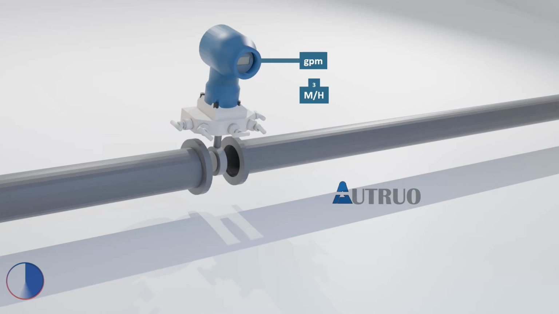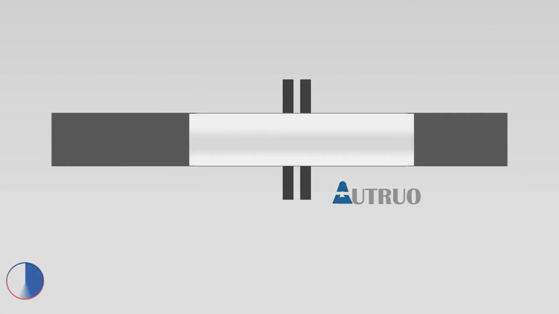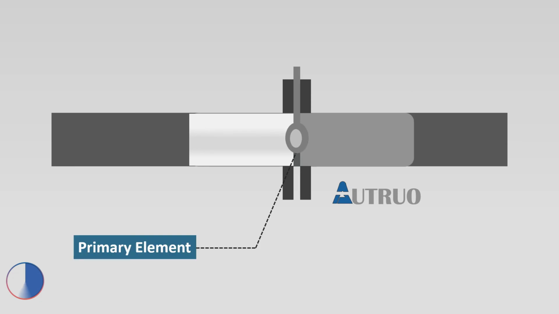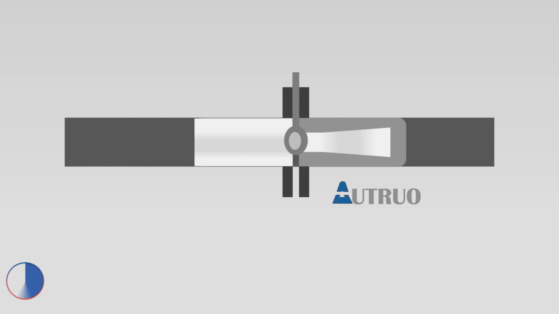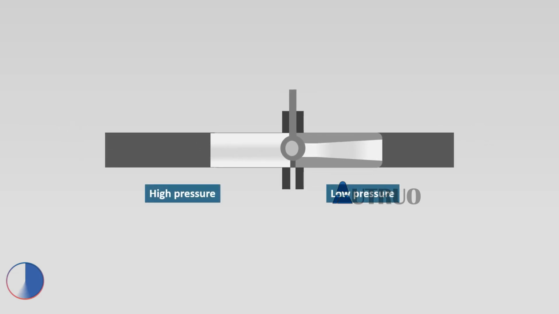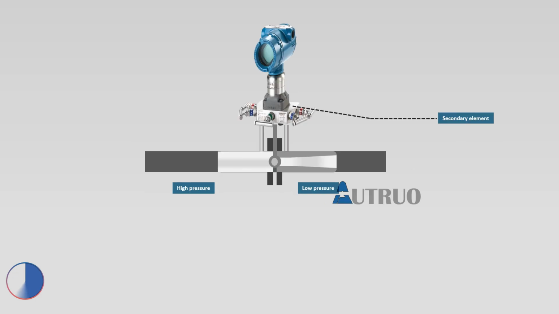Now let's look at how DP measures flow. The primary elements are usually used to create constrictions within the measuring paths. This will create a high and low pressure within the pipes, and as such, there will be a difference in pressure within the pipe. The secondary elements, on the other hand, will measure the differences within the pipe, which is the difference created by the primary elements.